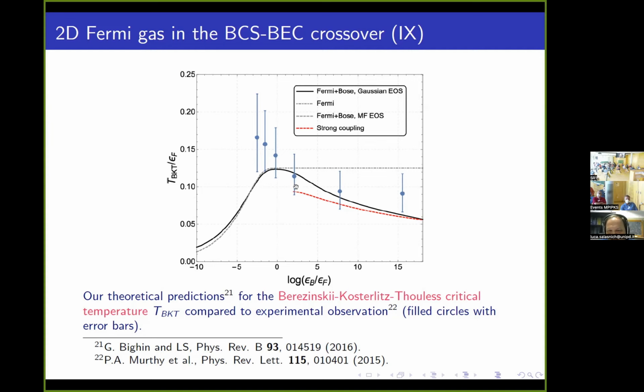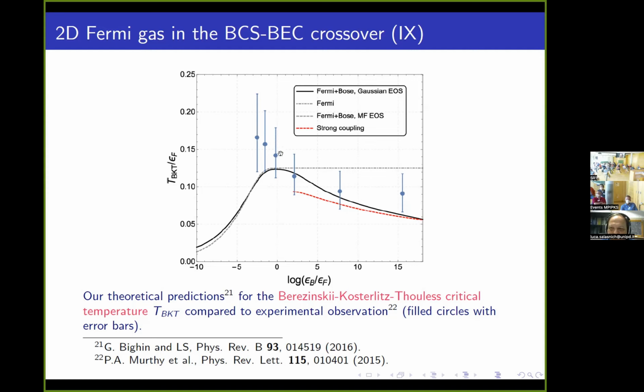you see there is a relatively good agreement on the right side, let's say, and you see the experimental data somehow are, from my point of view, not completely clear, because they exceed this value of about 0.13, and from my point of view, it's quite difficult to understand theoretically why there are these experimental data.